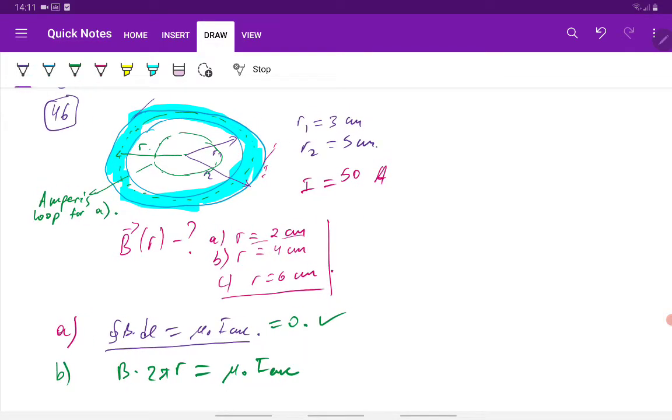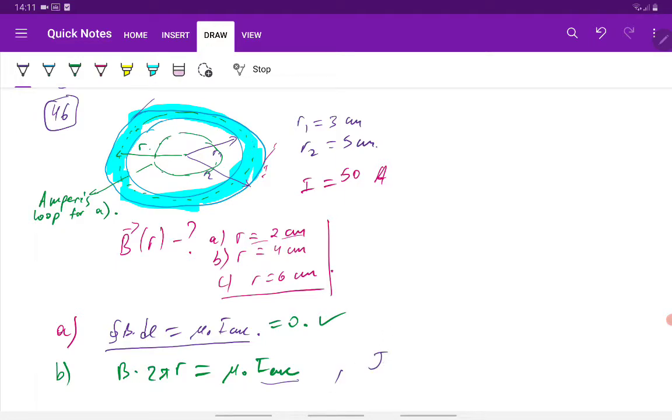In order to find this quantity, since the current is distributed uniformly over this cross section, we can first find the current density.